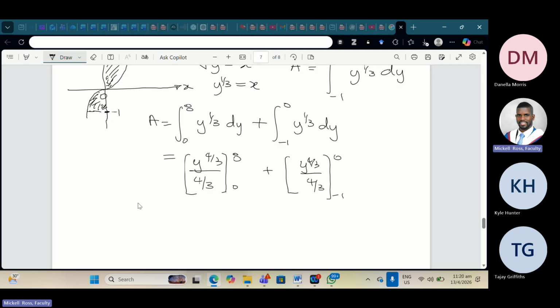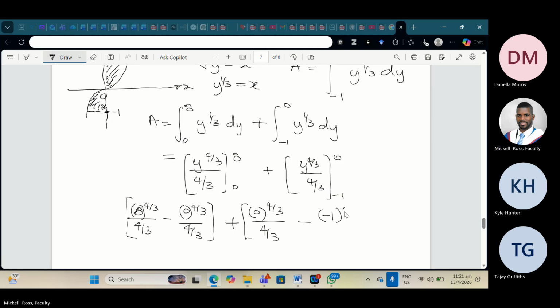So it is 8 to the 4/3 over 4/3 minus 0 to the 4/3 over 4/3, plus 0 to the 4/3 over 4/3 minus -1 to the 4/3 all divided by 4/3.